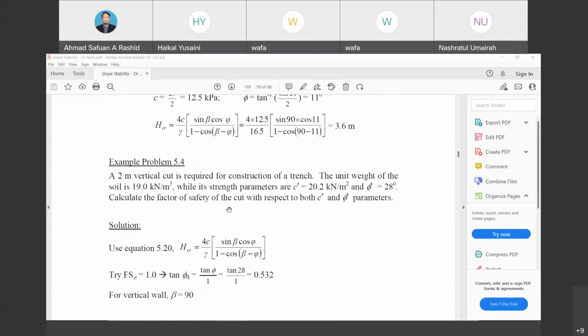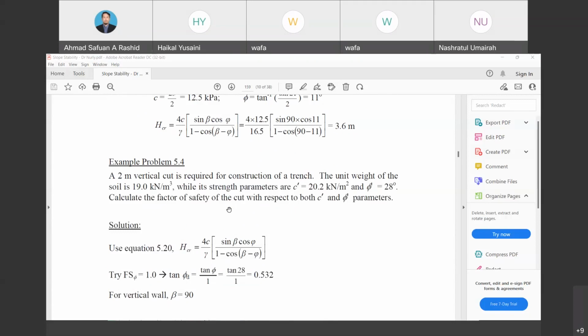Another example, in 5.4: a 2-meter vertical cut is required for construction of a trench. So beta is equal to 90 because it is a vertical cut. The unit weight of the soil is 19, while its strength parameters are C 20.2 and phi 28.